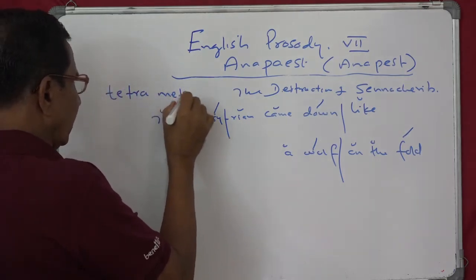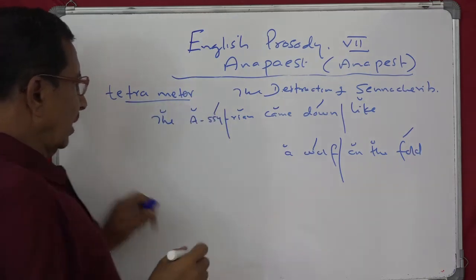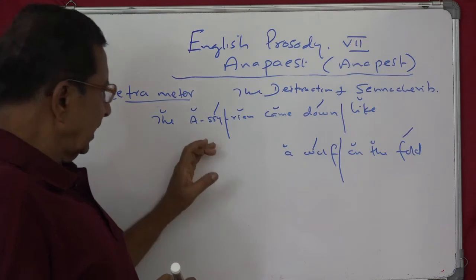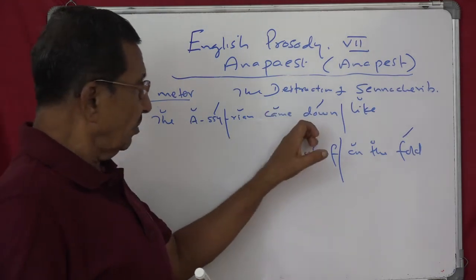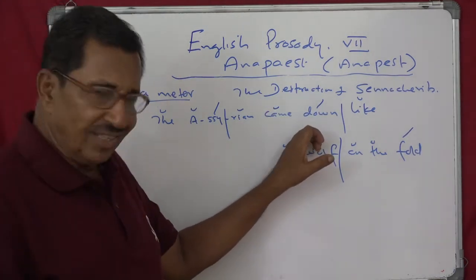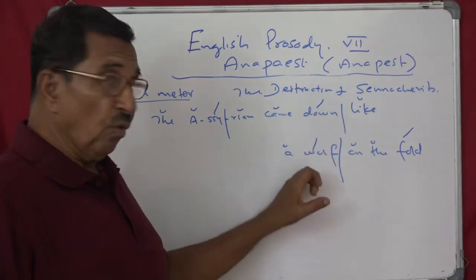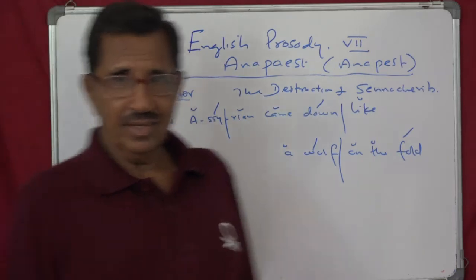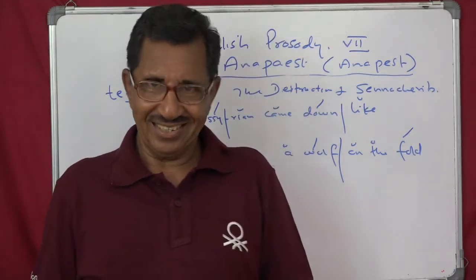Tetrameter, 4 feet. So if you read it, it will be the Assyrian came down. Down is stress, no? Like a wolf stress on the fold. So that is the way you read it.